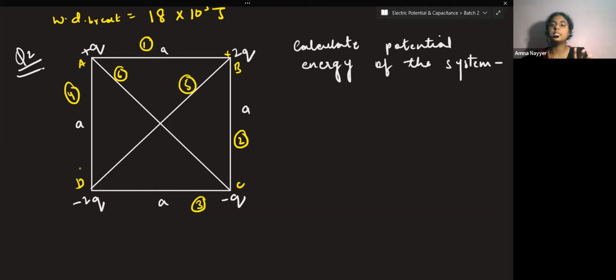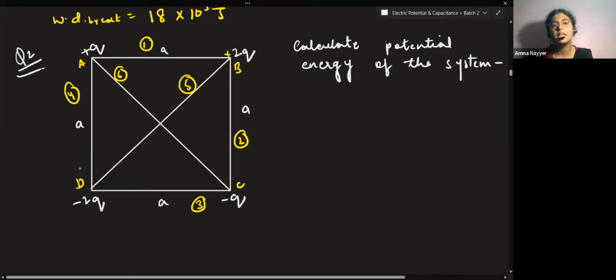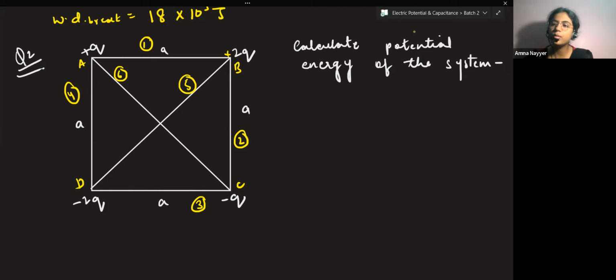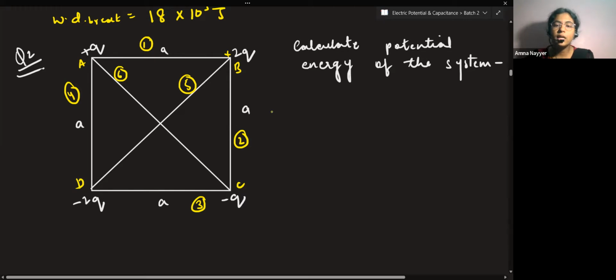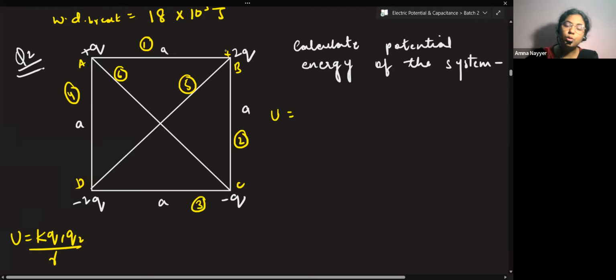So this is how potential energies are calculated. You have to first see which charges can exert force on each other. Both of these charges can have potential energies. Now we just have to put in the values once we know this. For calculation of total potential energy, remember this was the general formula for 2-point charges: K, Q1, Q2 divided by R. Now see, Q, 2Q, these are the 2 charges.